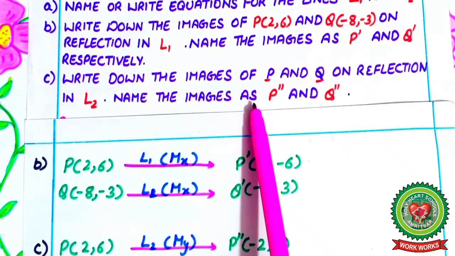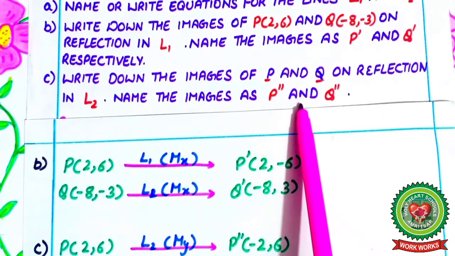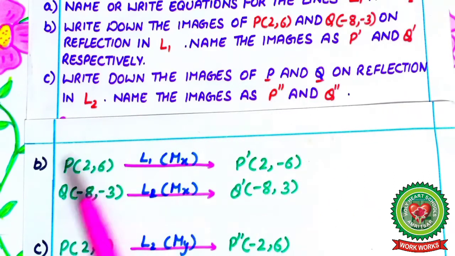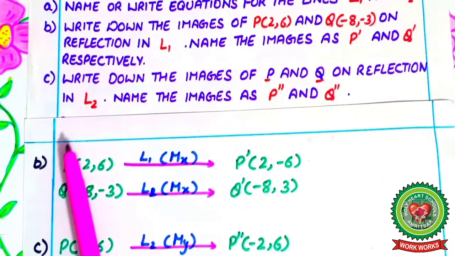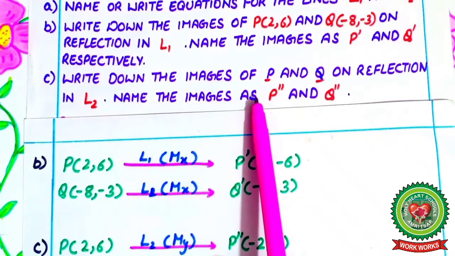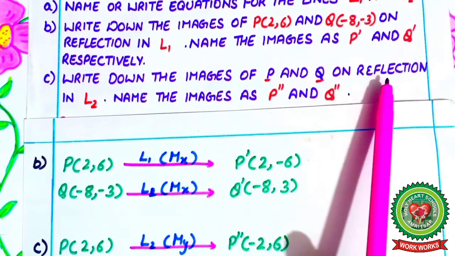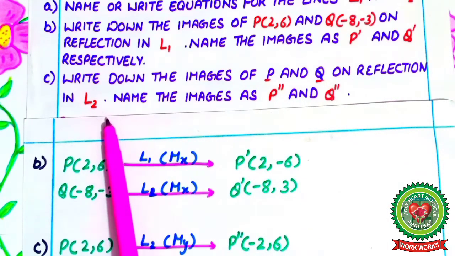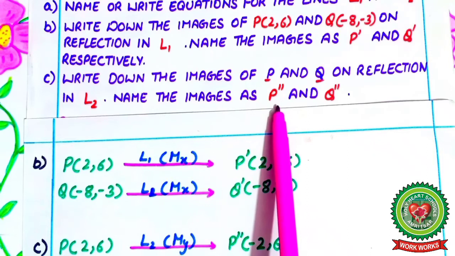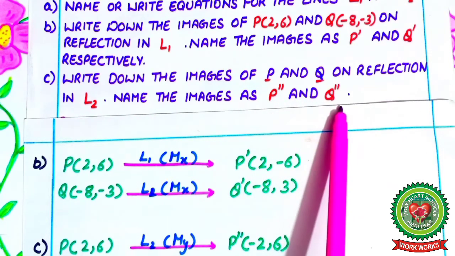Name the images as P double dash and Q double dash. Here again P and Q points are there, and we have to do reflection in the y-axis now.